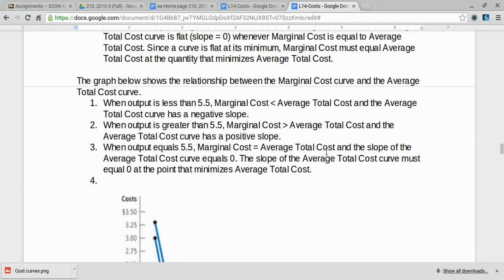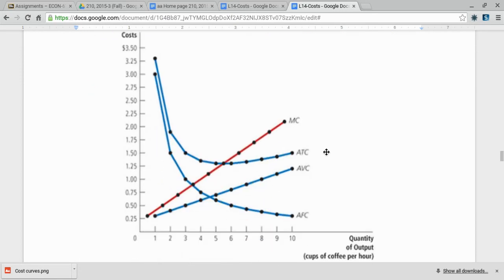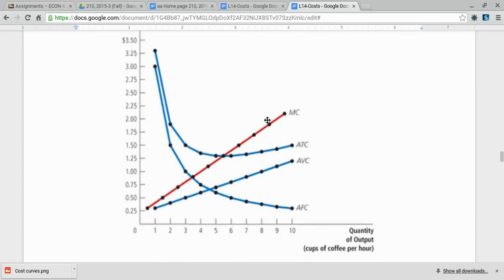The graph below shows the relationship between marginal cost and average total cost. The marginal cost curve intersects the average total cost curve at a quantity of about 5.5. When quantity is less than 5.5, marginal cost is less than average total cost, and the average total cost curve has a negative slope.